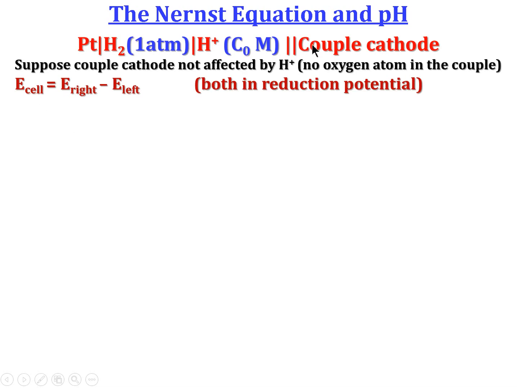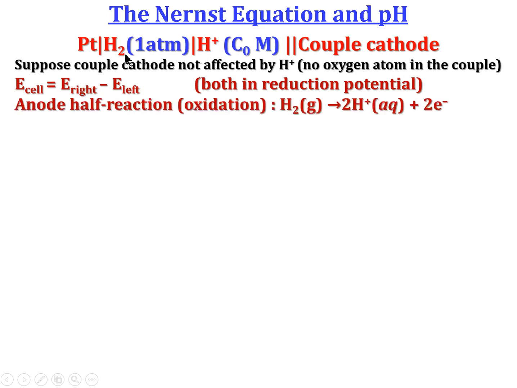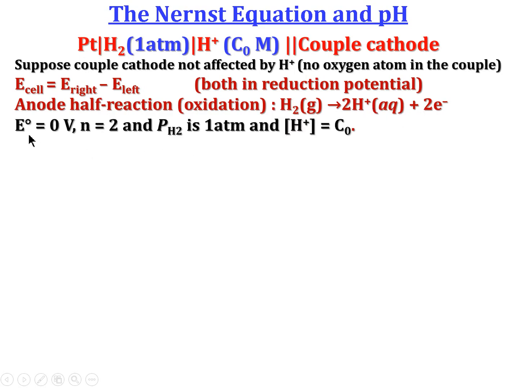E of the reaction equals E cathode minus E anode, and at the anode we have oxidation, so H2 is transformed to 2H plus plus 2 electrons. E0 of the couple H plus/H2 is equal to 0, since this is the standard reference in electrochemistry, the standard electrode reference.